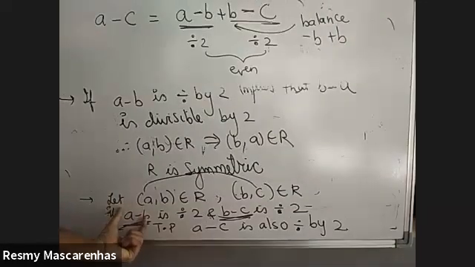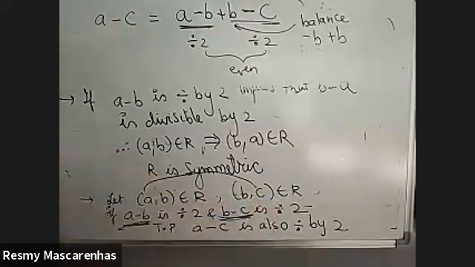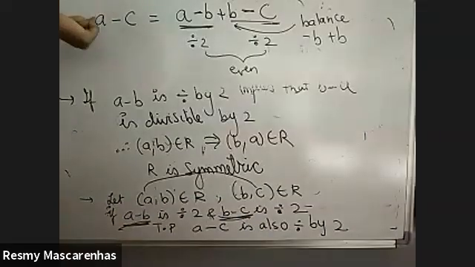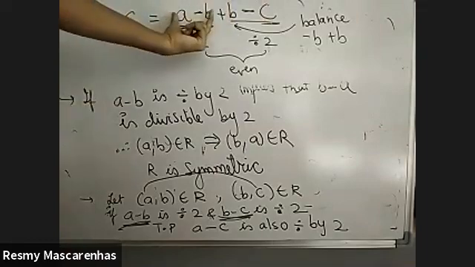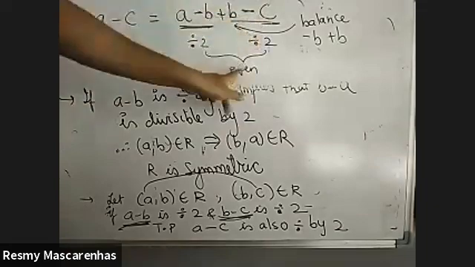A minus B already you are saying is even. B minus C is also, you are telling, even. So I have to check whether A minus C is also even. So A minus C, just split it like this, balance. So obviously you know that this is even. Even number plus even number will give you even.